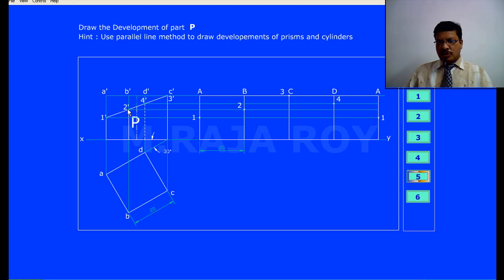Next 2 dash is on B. So draw a locus line up to the face edge B. Next 3 dash is at the corner C. So draw a locus line, and here C and 3 will coincide. Next 4 is on D. So draw a locus line on D, somewhere here we will get 4.